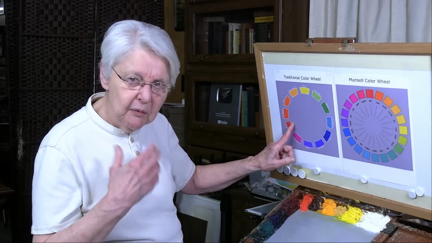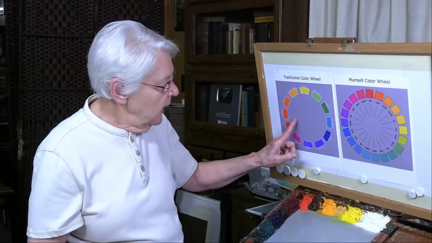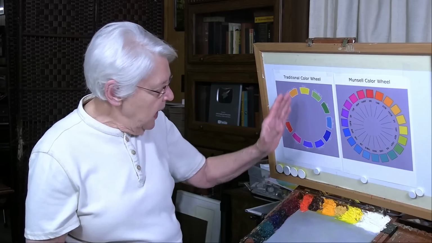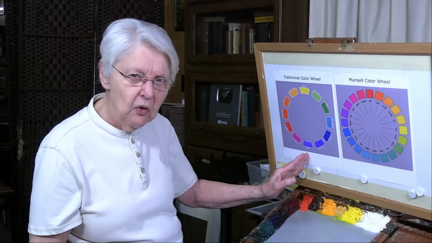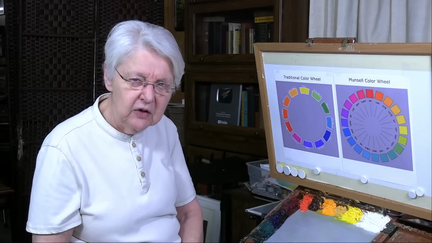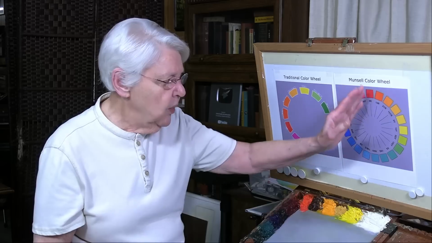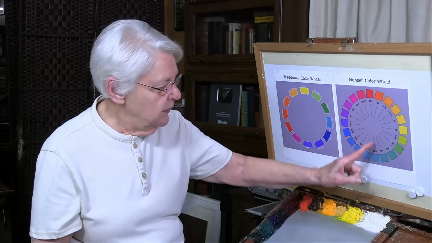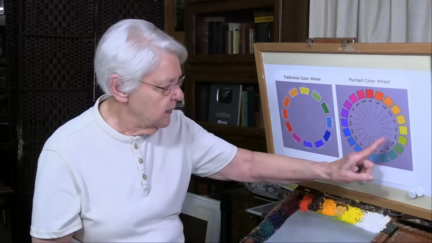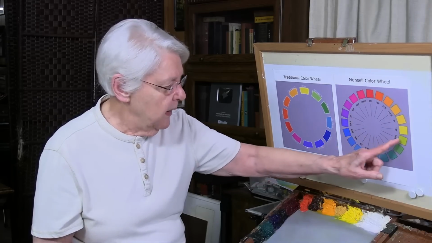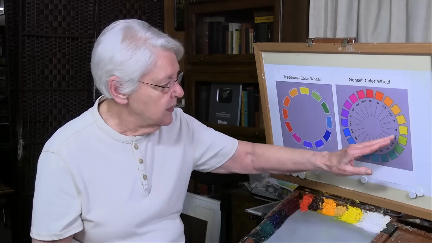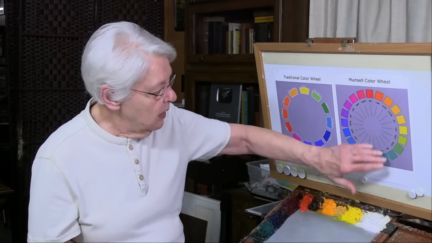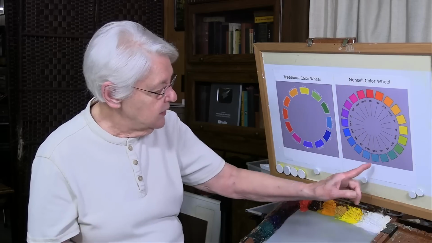And one reason I prefer the traditional wheel is that with that system, we have arranged on the wheel their relationship to each other, what they do to each other, which this wheel does not do. These are not arranged so that they completely neutralize each other on this wheel. There is some neutralization, but they're not arranged necessarily so that these will always completely neutralize each other.